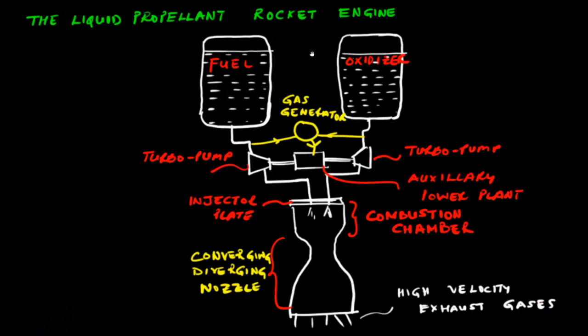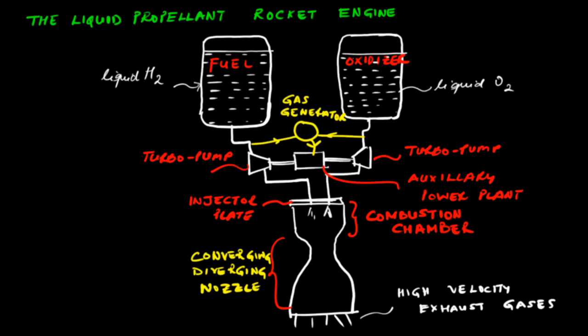A liquid propellant rocket engine is shown in this schematic over here. It consists of 2 tanks, one filled with liquid fuel and another filled with an oxidizer. An example of a liquid fuel is liquid hydrogen and the oxidizer is liquid oxygen.